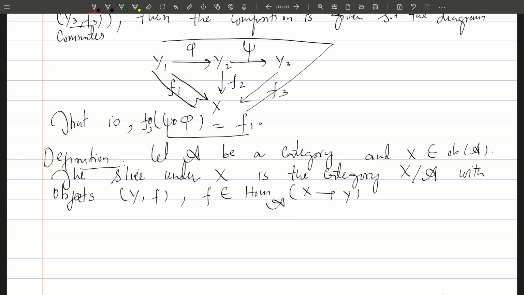So in the slice over category, this f was an arrow from y to x, but in this case it is an arrow from x to y.